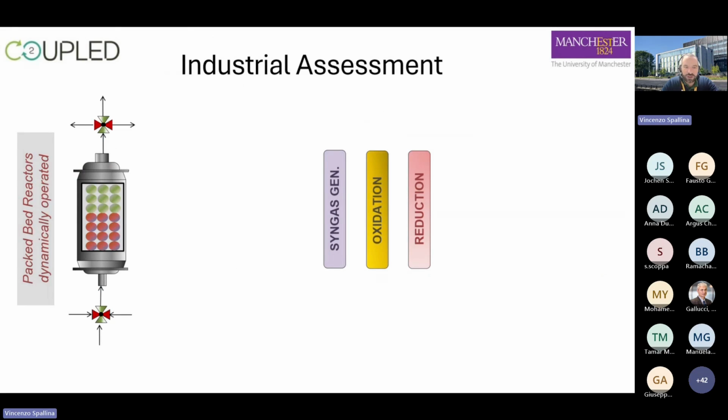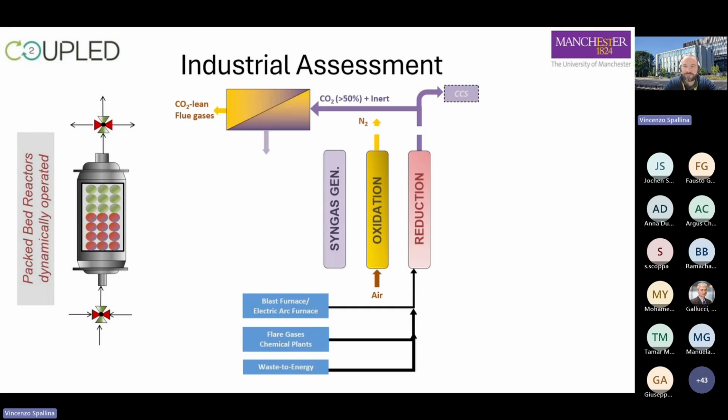So for the Coupled project, as I say, we are looking at packed bed reactors. If we consider the combination of oxidation, reduction and syngas generation, you can see that for the oxidation, we will generate nitrogen at high pressure by feeding air. Then we can carry out reduction by using waste gases such as blast furnace gas, electric arc furnace gas, flare gas, or waste-to-energy gases.